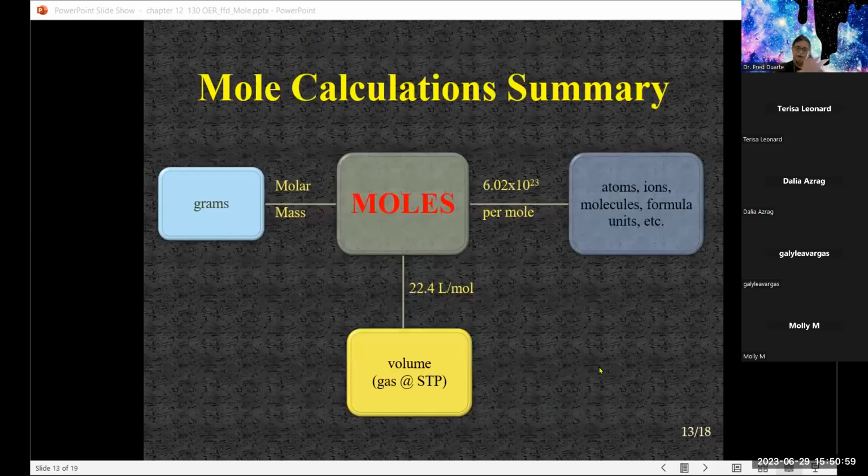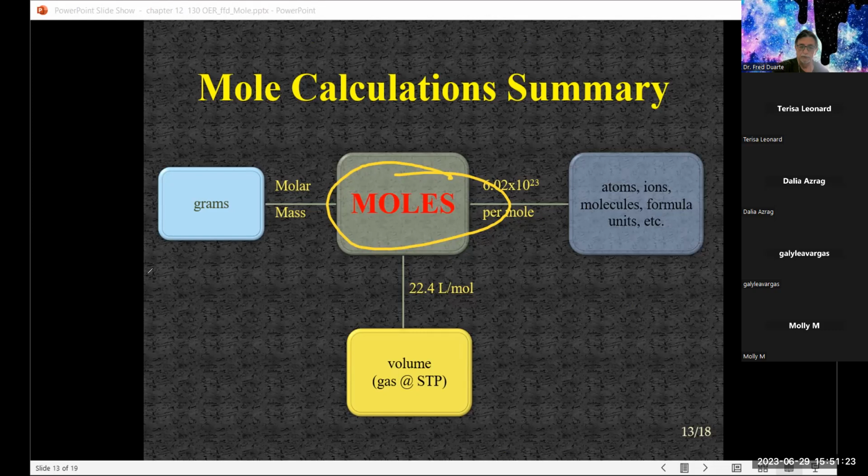All right, this flow chart summarizes this, and we're going to have another flow chart much greater, but the common factor about this flow chart is moles in the middle, okay? Without moles, you cannot go in any direction.